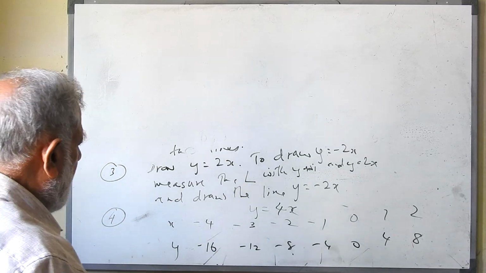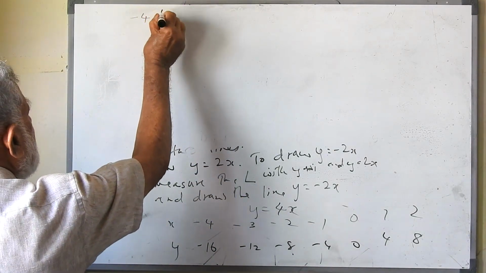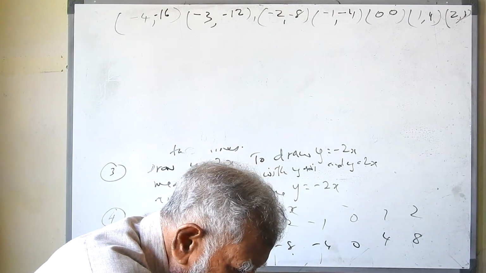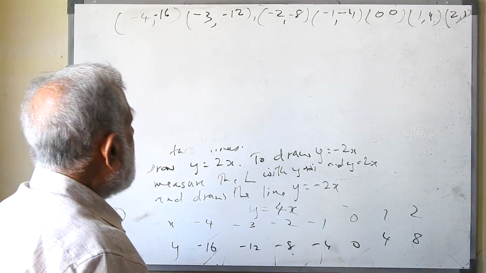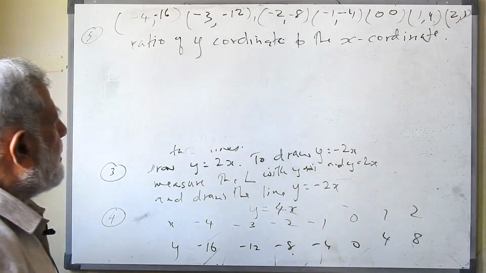Now we can get the ordered pairs like this: minus 4, minus 16. Now what you have to do is get the ratio of the y coordinate to the x coordinate. How do we get the ratio of the y coordinate to the x coordinate?